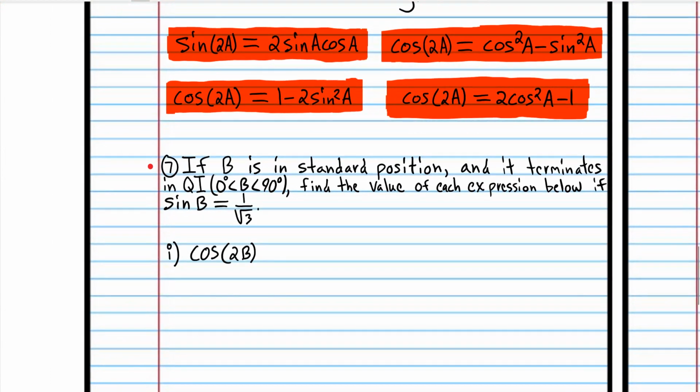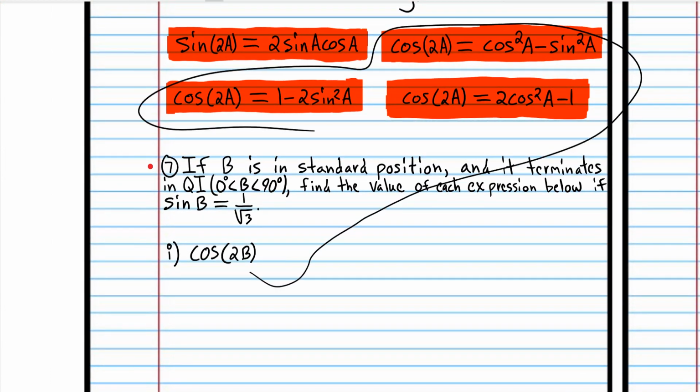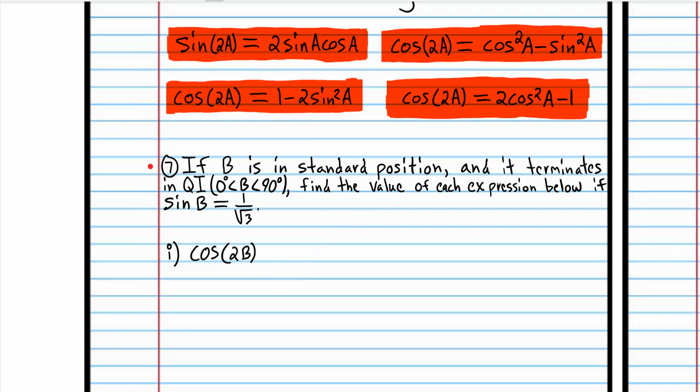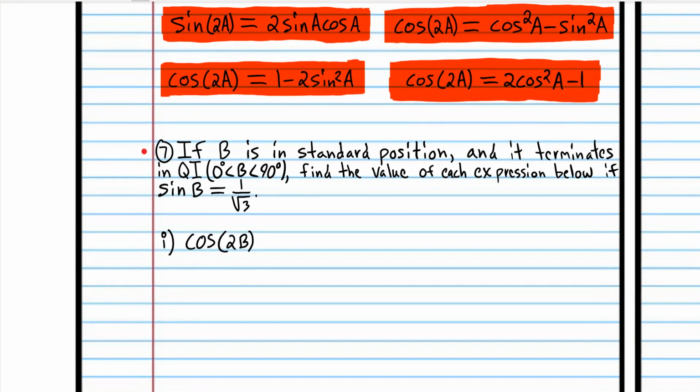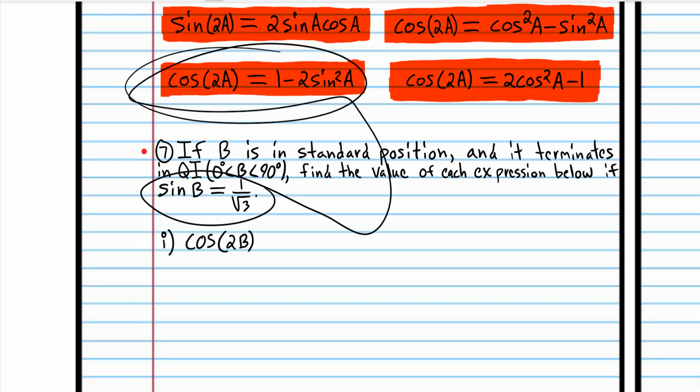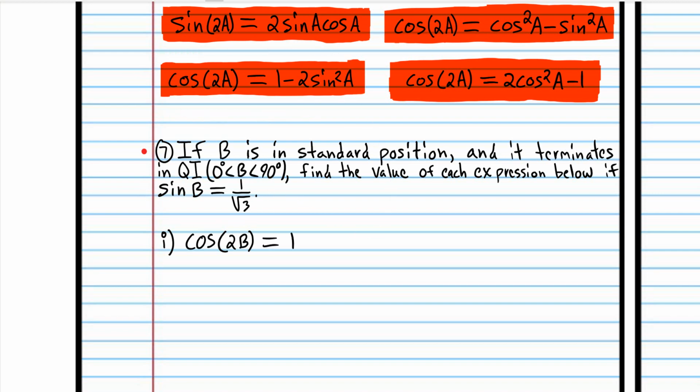So you can see we have 3 formulas for cosine, the cosine of a double angle. We're going to use this one here because we're given sine B. So 1 minus 2 sine squared B is equal to cosine 2B. And sine B is 1 over root 3.